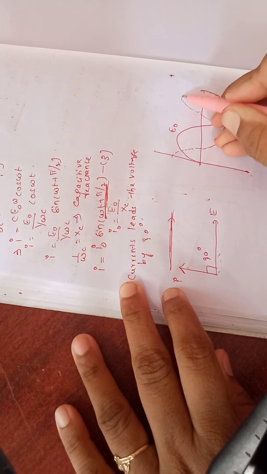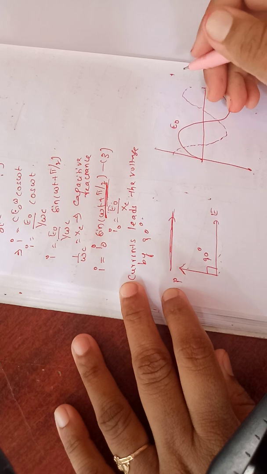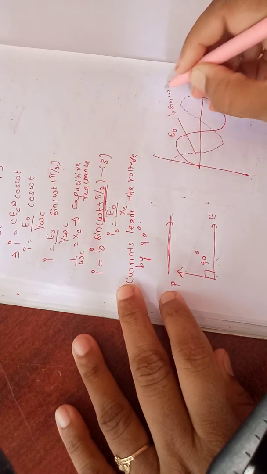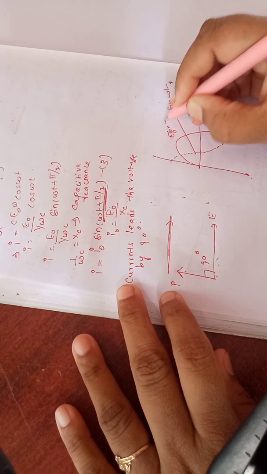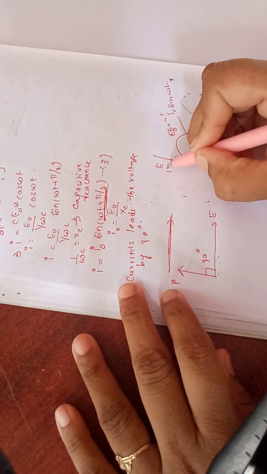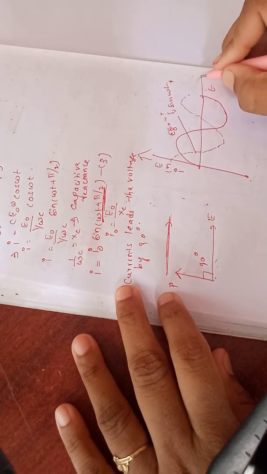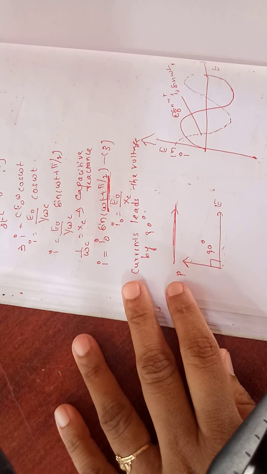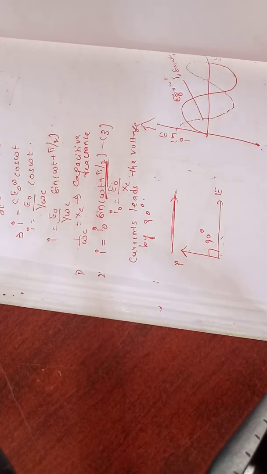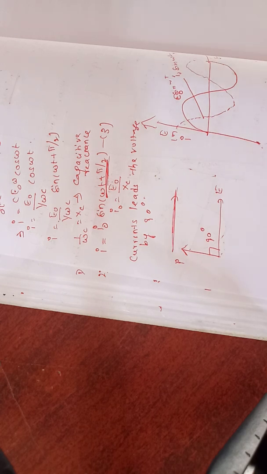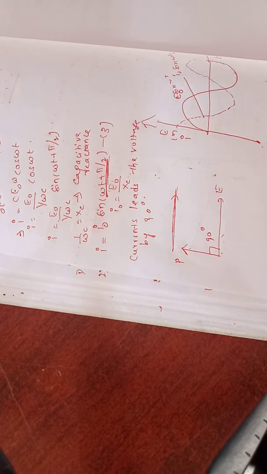I naught sin omega t, E naught sin omega t. So voltage or current along y-axis, time along x-axis. So this is the relationship between current and voltage when AC flows through pure resistor, inductor and capacitor. Thank you.